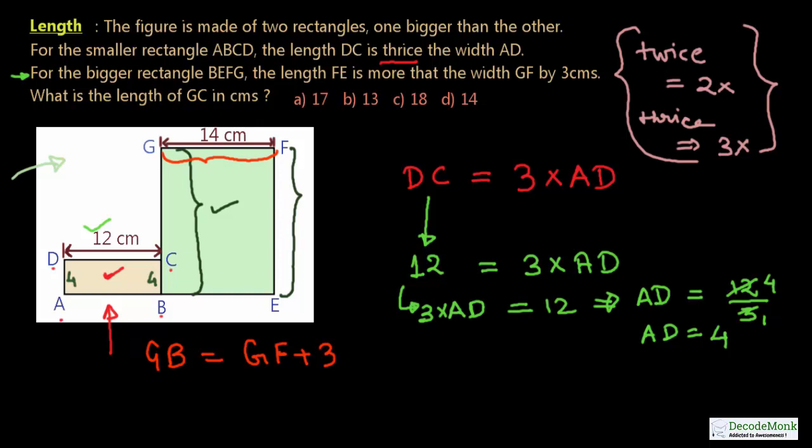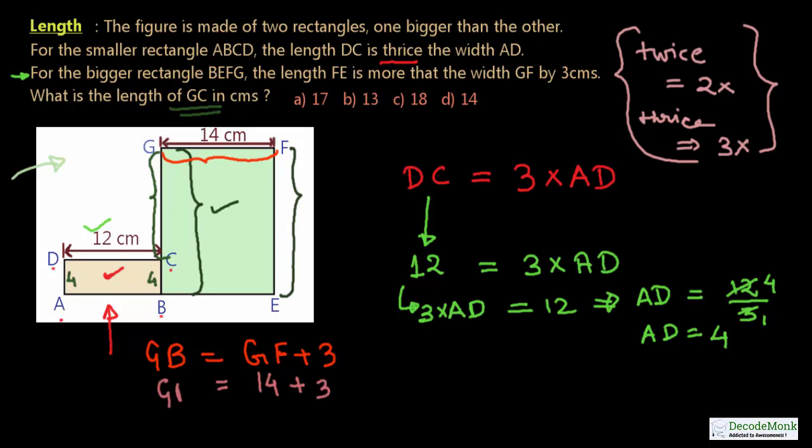Our target is to find out the length of GC, that is this particular length. So next we will find out the length GB. It is given that GF is equal to 14 centimeters. So we are given this GF as 14 centimeters and GB is more than GF by 3 centimeters.